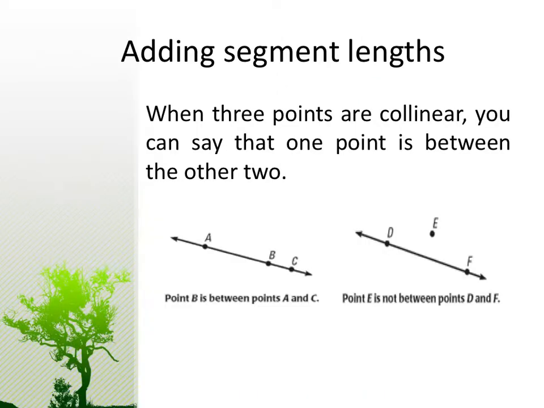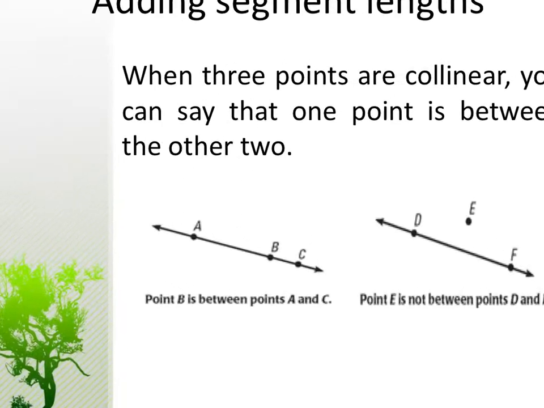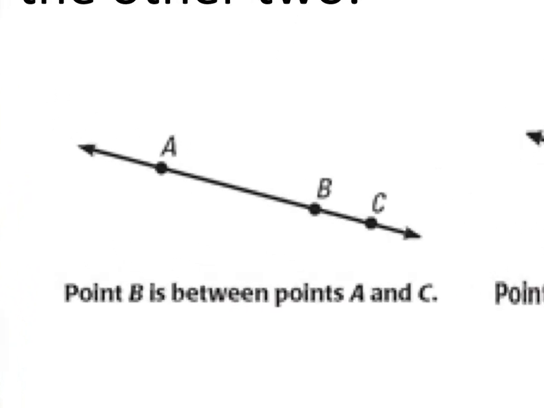All right. Adding segment lengths. When 3 points are collinear, what does collinear mean? On the same line. When 3 points are on the same line, you can say that 1 point is between the other two. So it would be fair, since there's 3 points here, to say that B is between A and C. Now here's a common mistake that people make that would not be true.